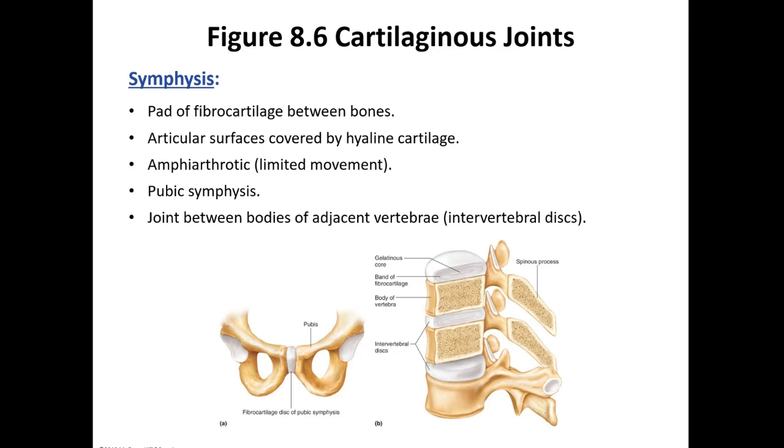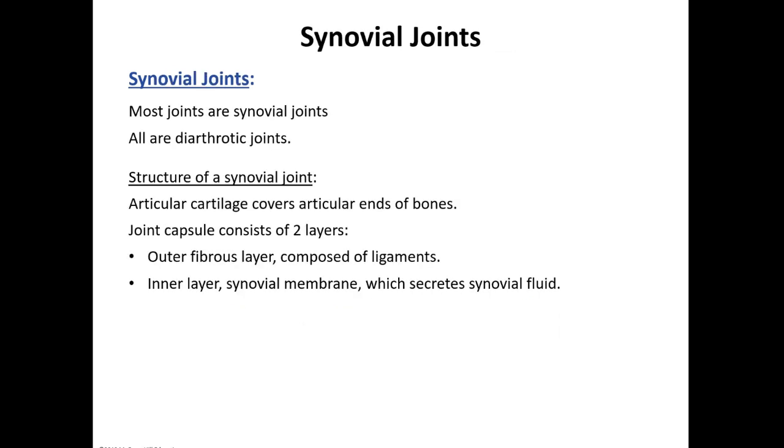All right. Of the structural types of joints, we talked about fibrous and cartilaginous. The third one we need to talk about is synovial.